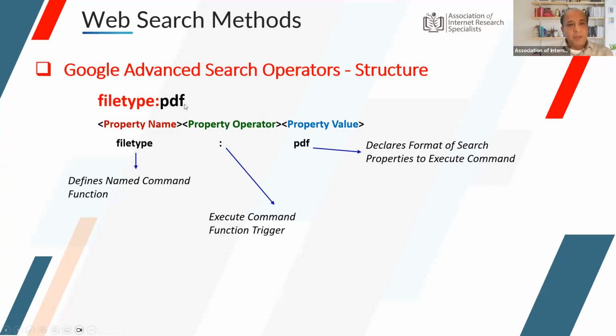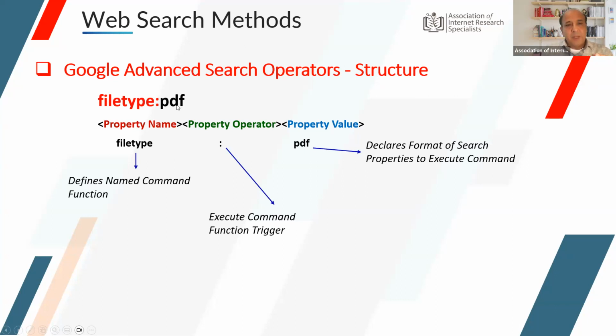So if file type colon PDF is written as you are seeing right now, it means that file type colon is an operator, and whatever is declared value or property name is on the right of it, the right hand side of the colon sign, without leaving any gaps.